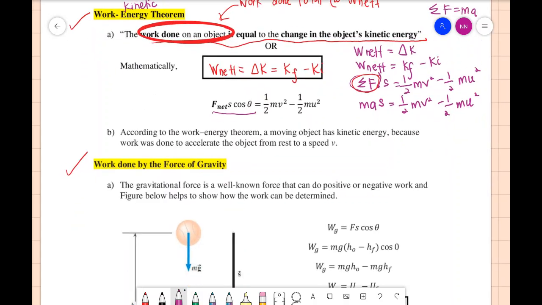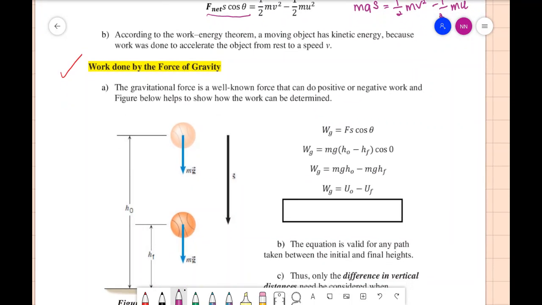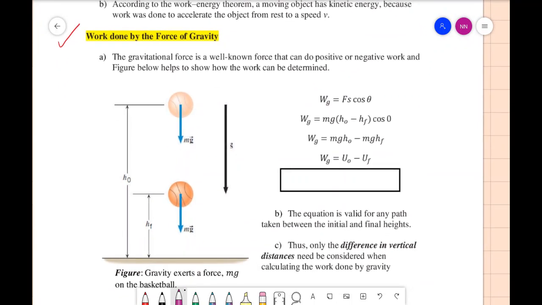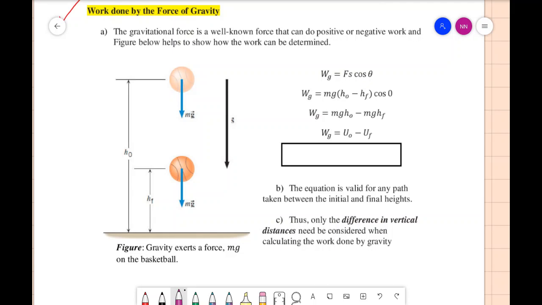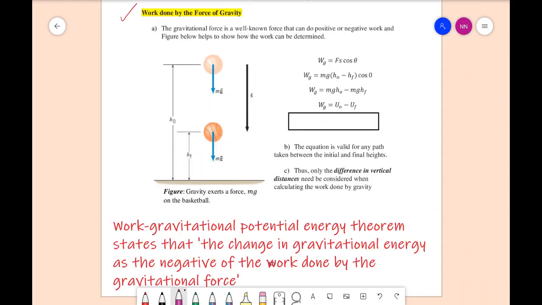And then the other one is the work potential energy theorem, or work done by the force of gravity. It is also known as the work gravitational potential energy theorem.